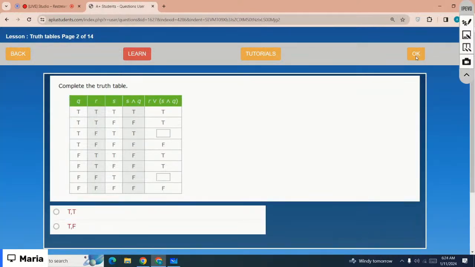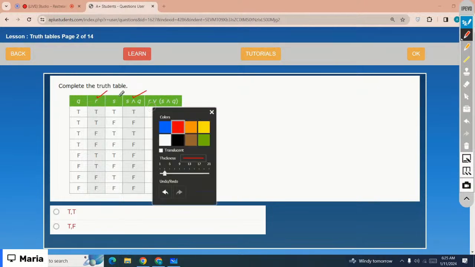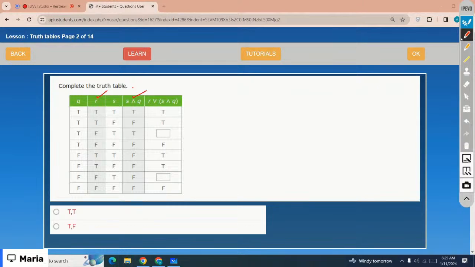Complete the truth table, right? Now here you have S and Q, and then you have R. Between this column and this column, you have to do or, right? Or means if one of the values is true, that is true. Just look at this one. False, true.